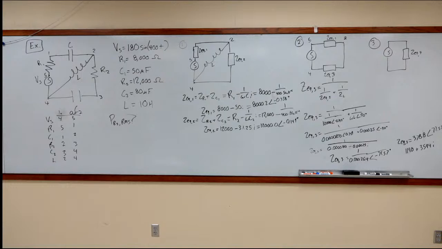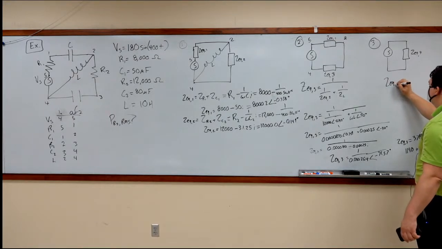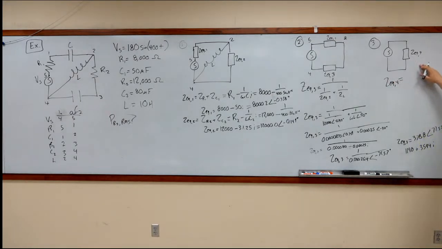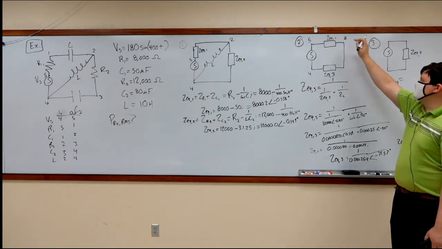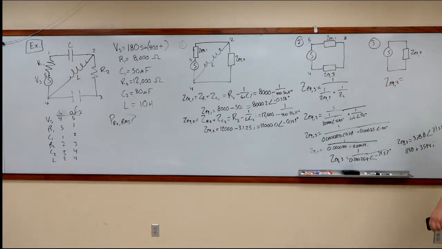Okay, so now that I have this, ZEQ4 is equal to ZEQ3 plus ZEQ1.